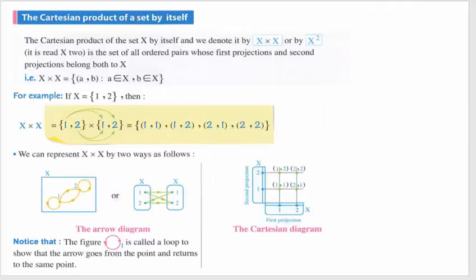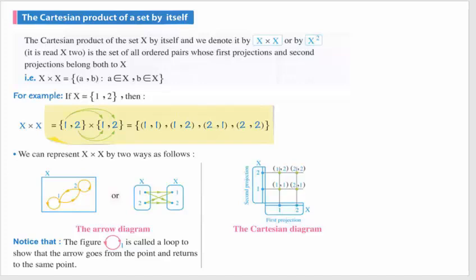The next part, we will talk about how to make a Cartesian product of a set by itself. In the previous example, we made a Cartesian product from X to Y or from Y to X. What about making a Cartesian product from X to X? This means I should recognize 3 points.